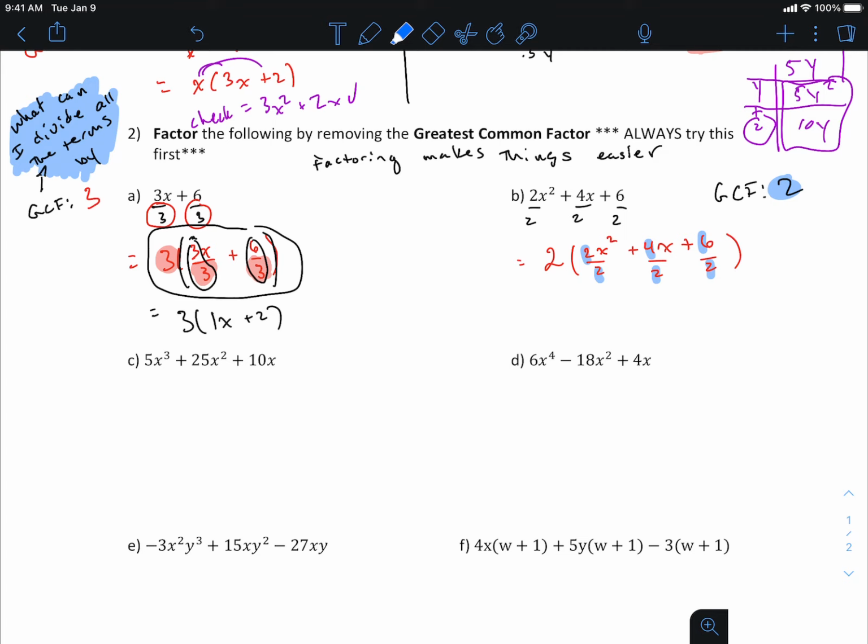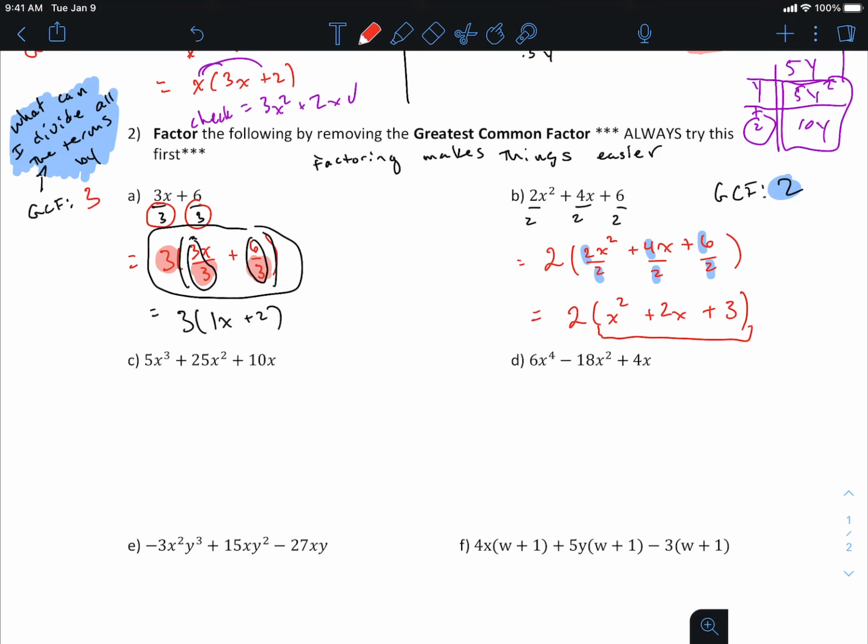And you write what the answers are for each one individually. x squared plus 2x plus 3. Okay, we're going to see why we do this later today. We saw yesterday a little bit what we could do with that. We're going to do a little bit more work with that at 1 o'clock today, okay?